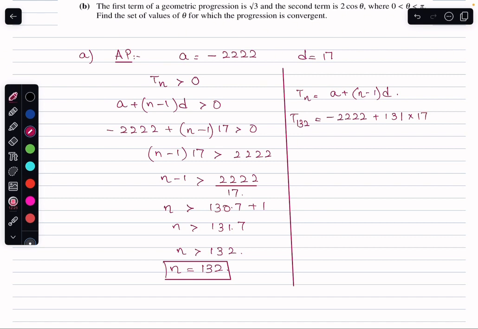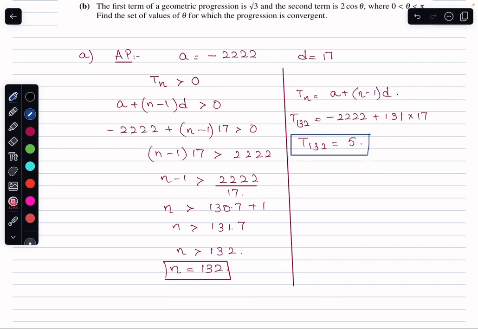So let's get this value. This is going to be plus 131 times 17, and I'm getting this answer as 5, meaning the 132nd term here will be a positive value, equal to 5. So this shall be my answer for this question.